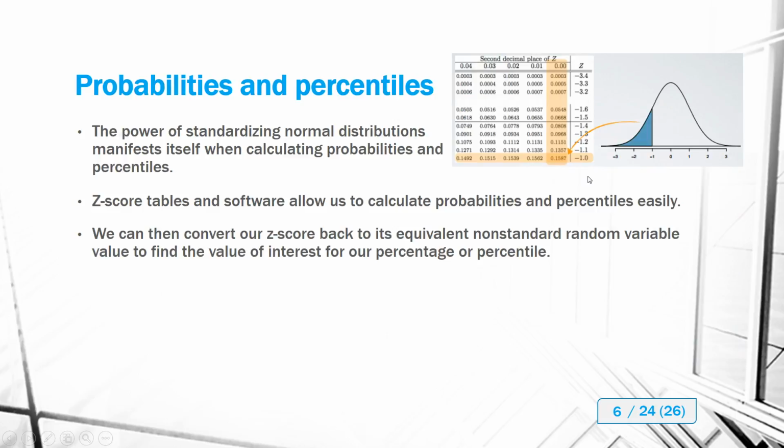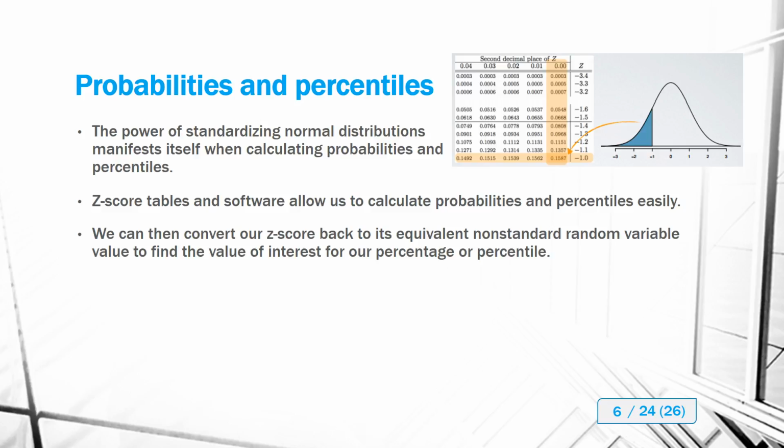That correlation becomes very, very useful when we're asked to calculate probabilities and percentiles. As we saw in the previous section, 6.2, we can very easily use a z-score table or software to calculate probabilities and percentiles for standard normal distributions.